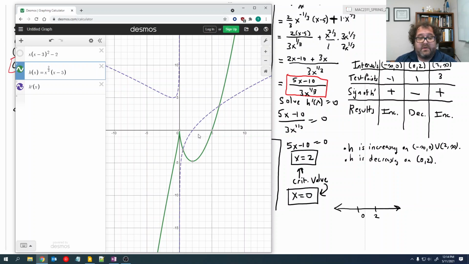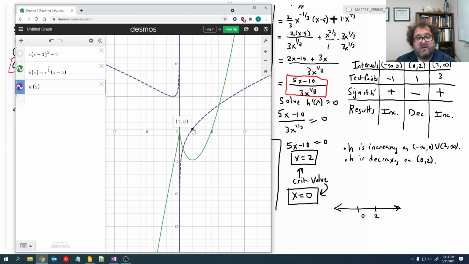And then notice here that the purple is below the x-axis between 0 and 2, which means the original function is decreasing between 0 and 2. And then lastly, the purple dashed derivative is above the x-axis after 2 forever. And so notice that corresponds perfectly to the original green function being increasing thereafter from 2 to infinity.